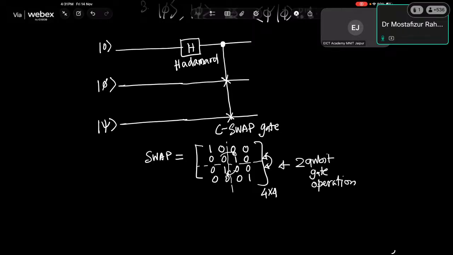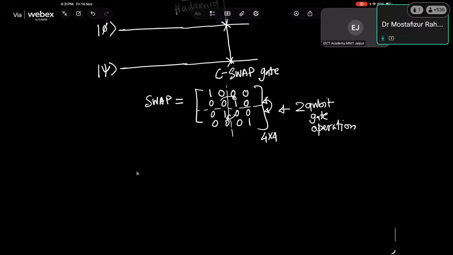C swap is just an 8x8 controlled swap. In general, if you have information X here and Y here and apply a swap gate, then after the swap operation it will be Y and X. That is the purpose of this quantum operation. Control swap depends on whether the control qubit is 0 or 1.